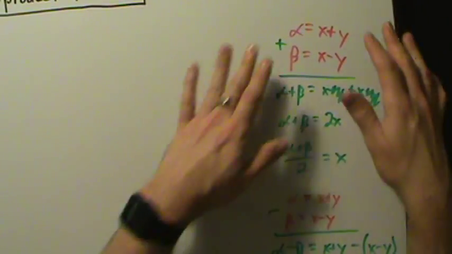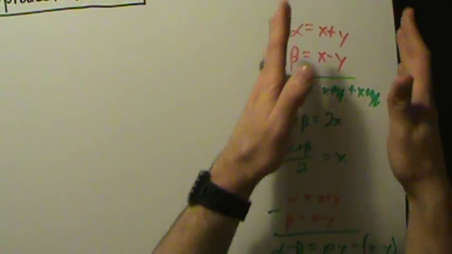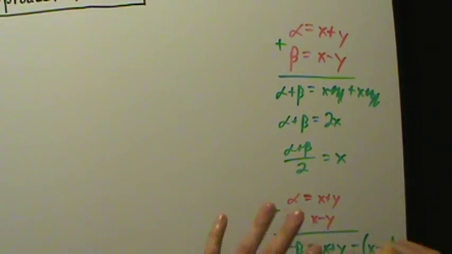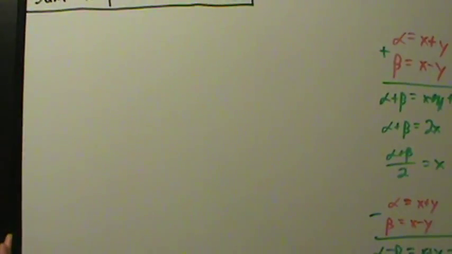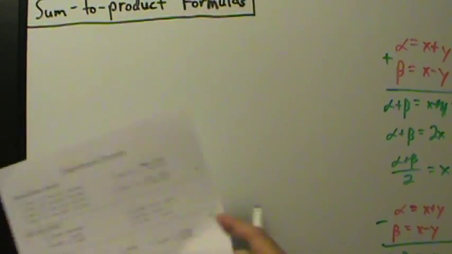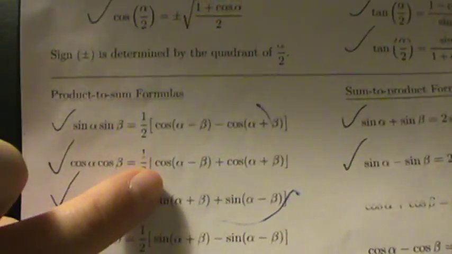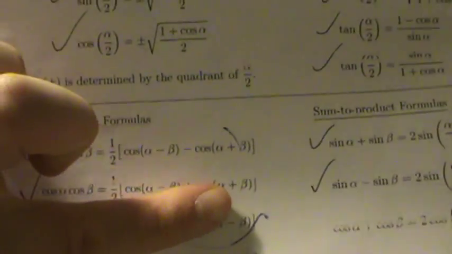We're going to do the exact same thing we did, using x's and y's instead, because we're actually going to go through the exact same process here. That's also why I didn't erase any of this, because it's going to be exactly the same, just with a different formula. So let's go ahead and do that. Let's use this product to sum formula: cosine alpha cosine beta is 1/2 times cosine of alpha minus beta plus cosine of alpha plus beta.